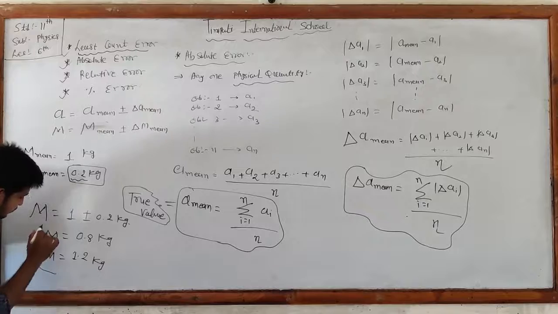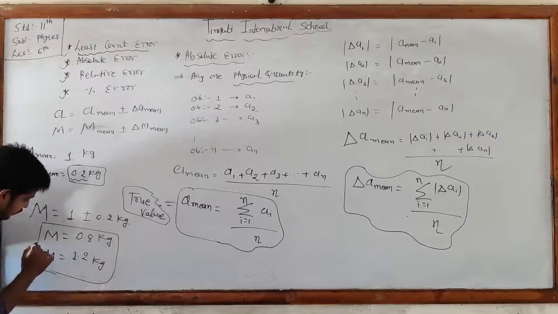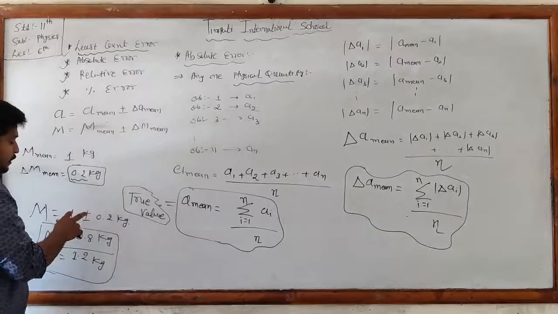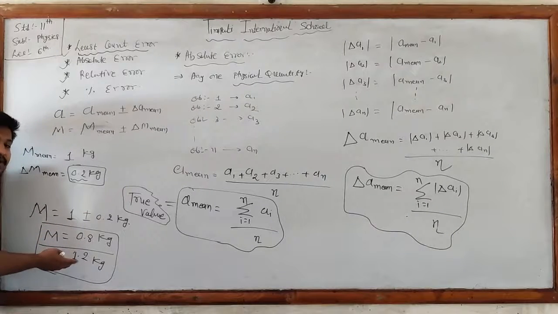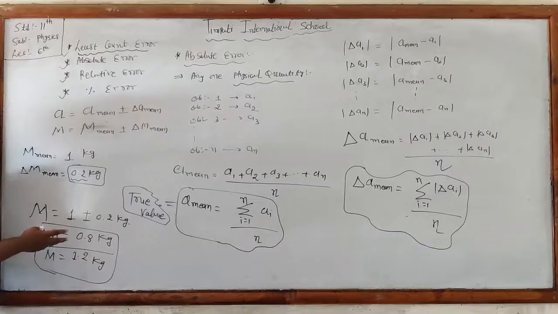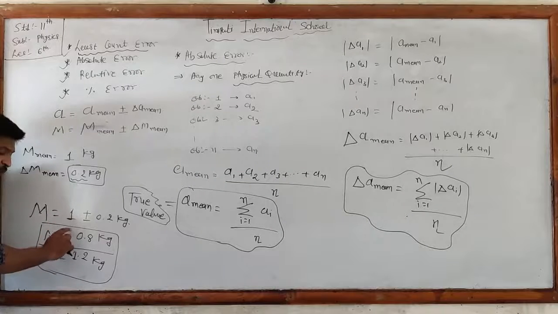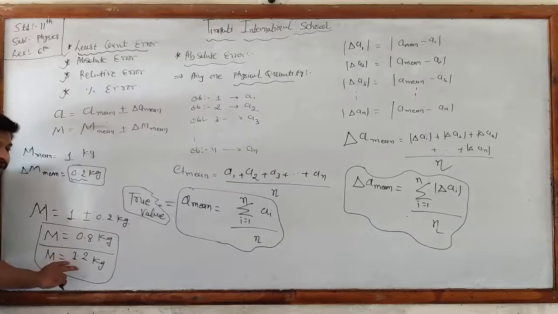Okay? So in this way you can find a measurement. So we have two values of mass. It may be 0.8 kg, it may be 1.2 kg. Or you can say that the answer for your physical quantity is in between 0.8 and 1.2.